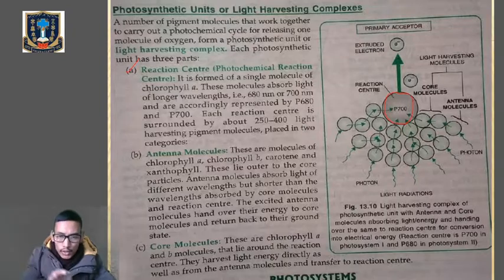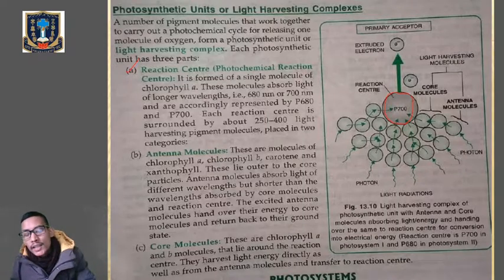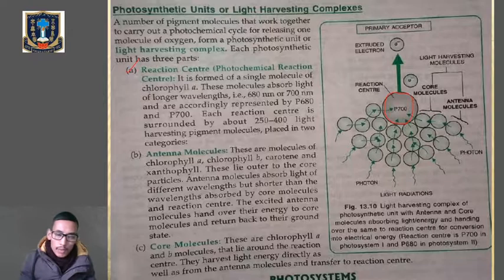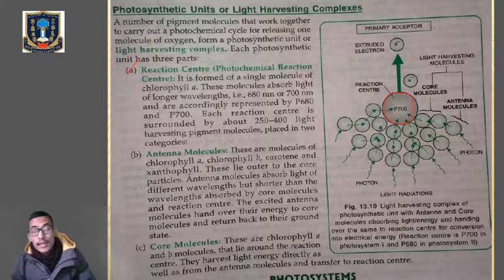So this reaction center is mainly a single molecule of chlorophyll A, and these molecules will absorb the wavelength of light that is of either 680 nanometer or 700 nanometer. That's what it's called, 680 nm or 700 nm. Okay, so when we discuss the pigment of chlorophyll molecules like P700 or P680, remember that it is absorbing the wavelength of light of 680 nanometer or 700 nanometer.